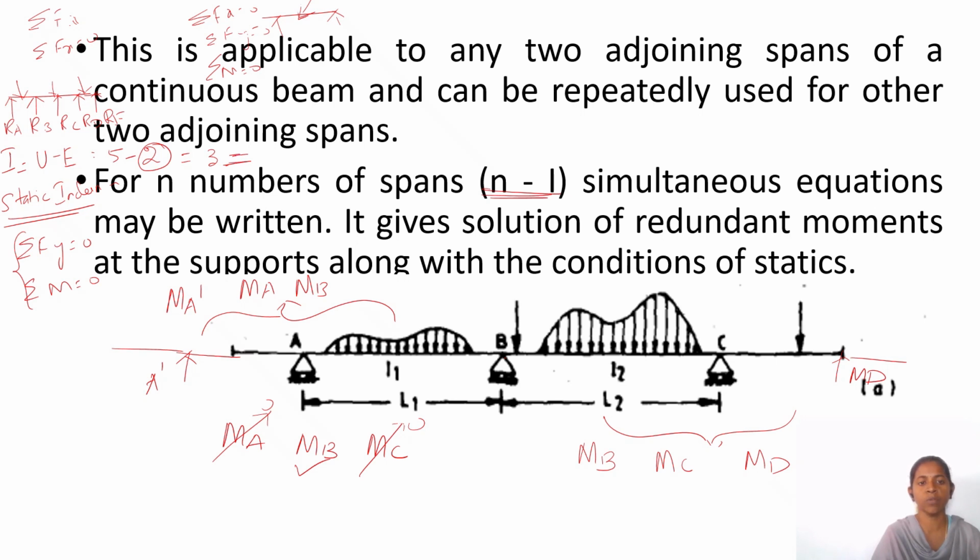Here 3 unknowns need 3 equations. Using the theorem of three moments, first we write the equation using the spans B, C and D, then for A, B, C, and finally the other combination for C, D, E. And we can also apply the boundary condition. Here it is purely simply supported at A and E.